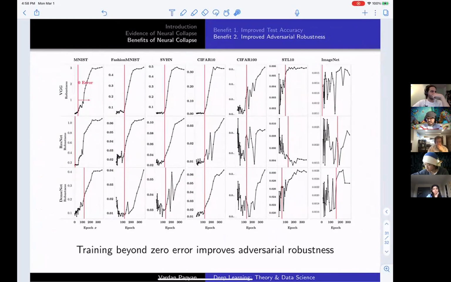In most cases, you can see there's quite a significant amount of adversarial robustness achieved by converging to neural collapse. Does anyone have any questions about this experiment? No questions.